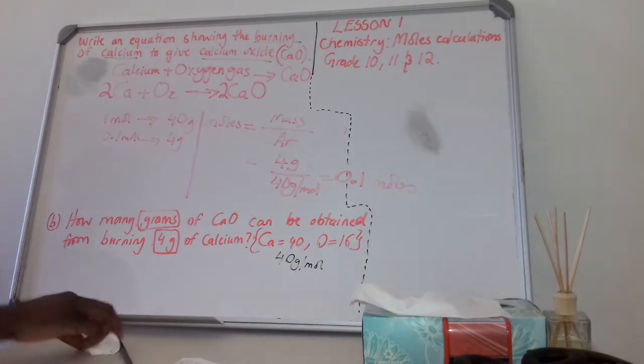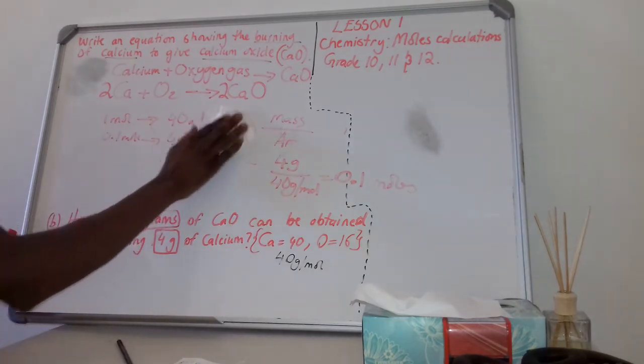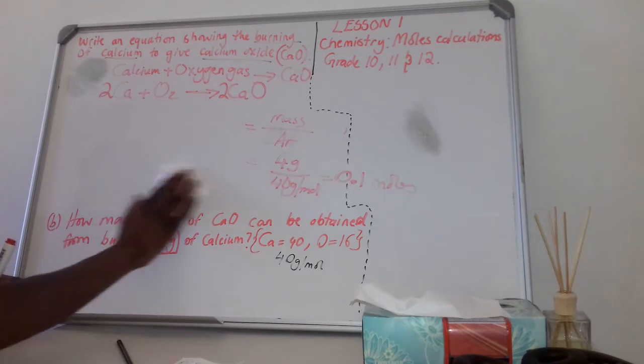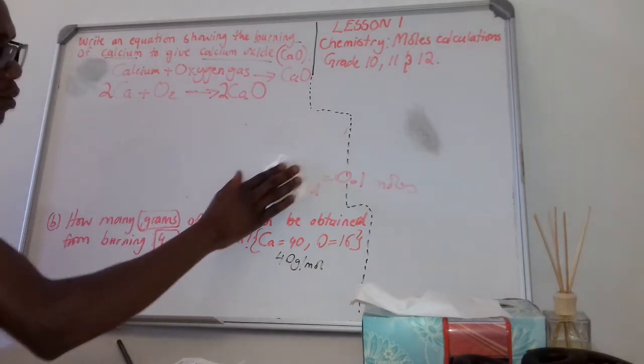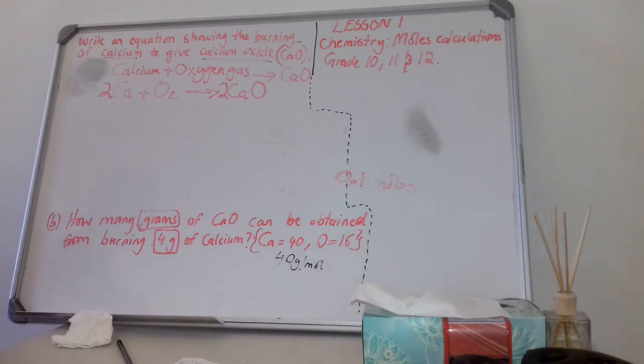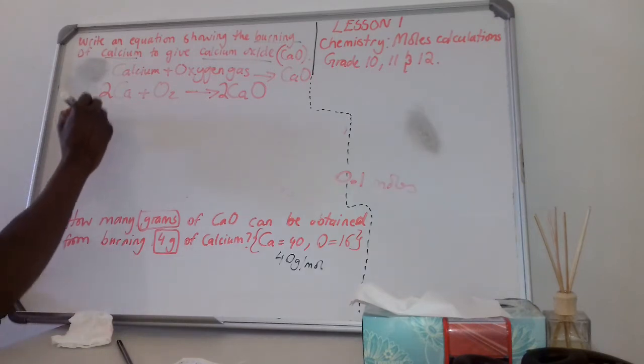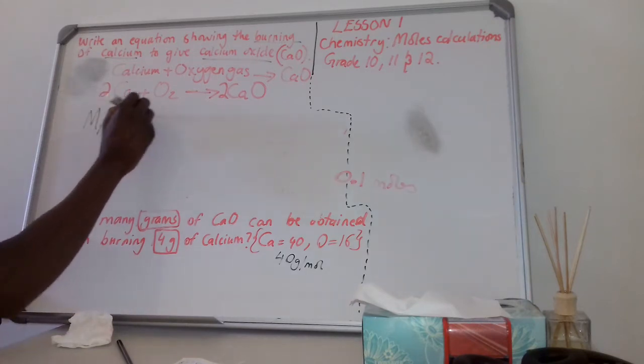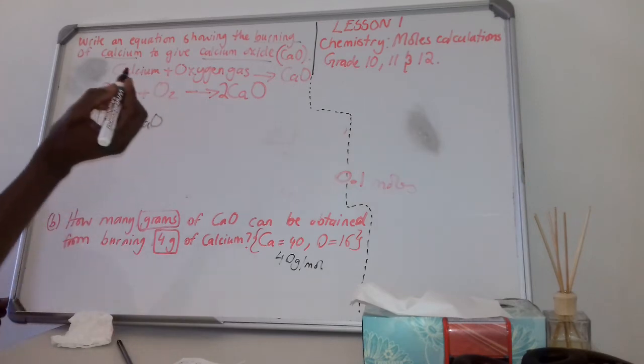Please allow me to wipe this off. I'm going to keep that number there. So what do I have? First I should find out the molar mass of calcium carbonate. Why am I saying calcium carbonate?